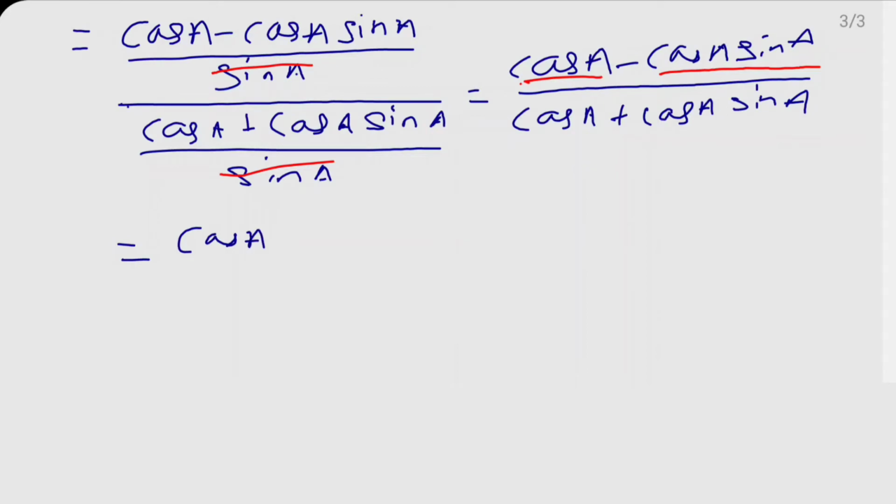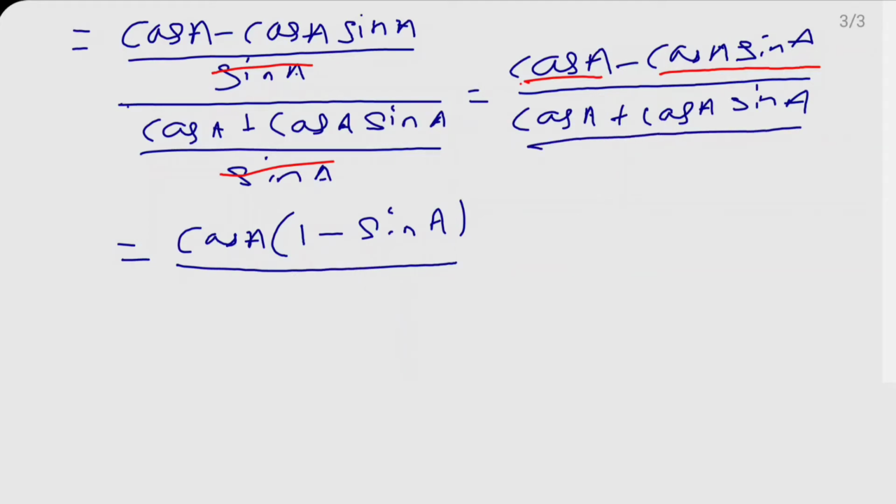Cos A is common, take outside, so remaining 1 minus sin A, and this divided by, in the denominator also cos is common, so take cos A outside, remaining 1 plus sin A. Cos A gets cancelled, so this is equal to 1 minus sin A divided by 1 plus sin A.